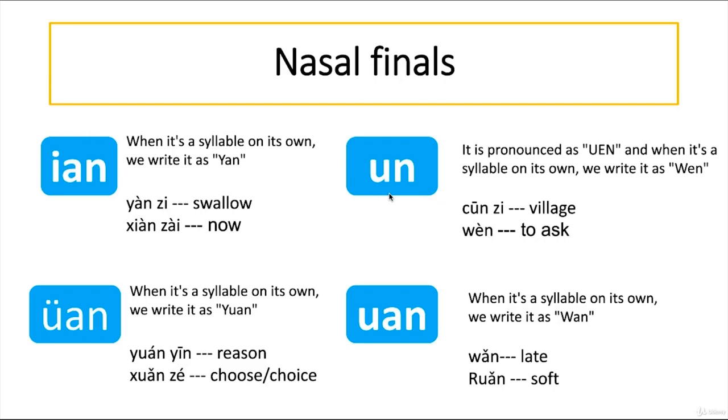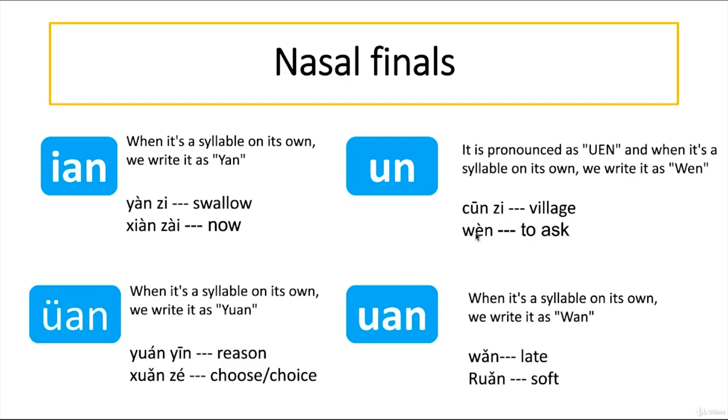Number 6, wen, wen. Remember, it is pronounced as wen, not yun, okay? This one is wen, wen. When it's on its own, we write it as wen. For example, 村子 means village. 问 means to ask.